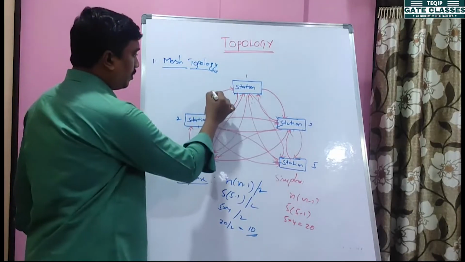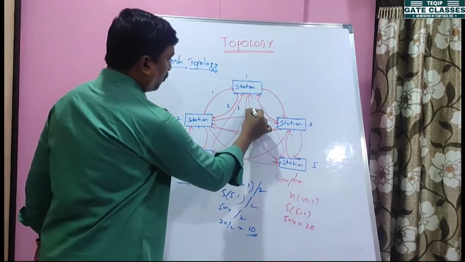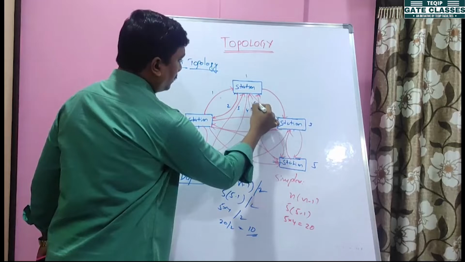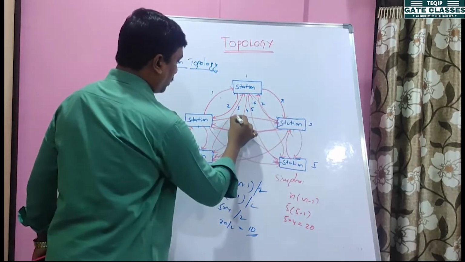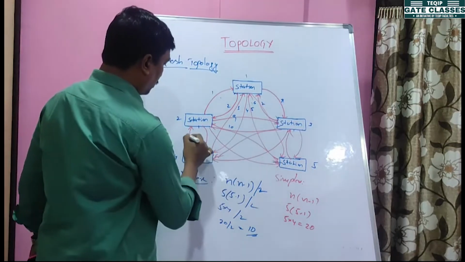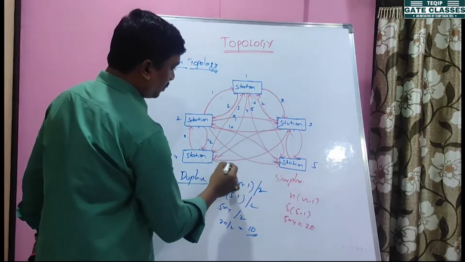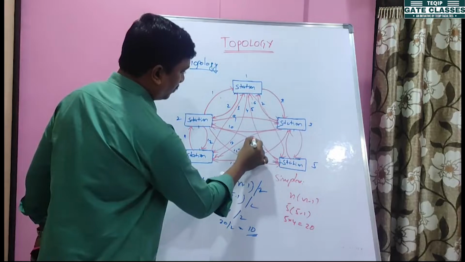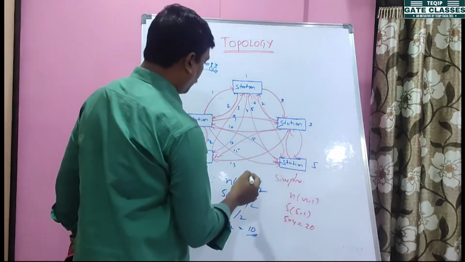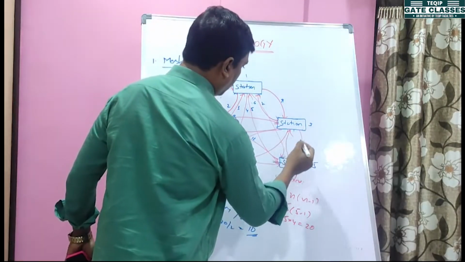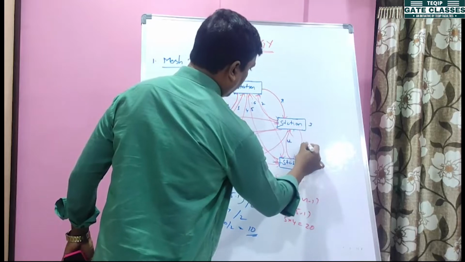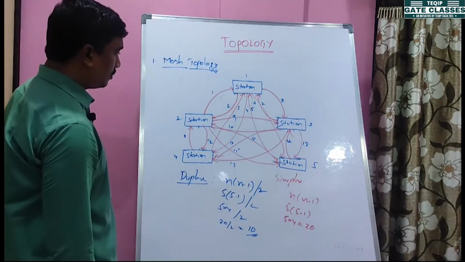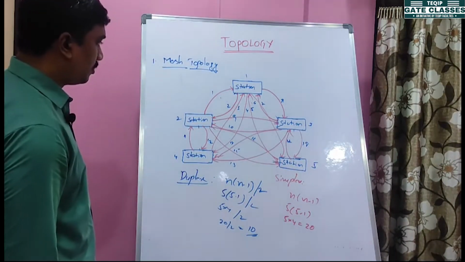You can count: 1, 2, 3, 4, 5, 6, 7, 8, 9, 10, 11, 12, 13, 14, 15, 16, 17, 18. 2 are missing, I think. Where is it? I missed that one.